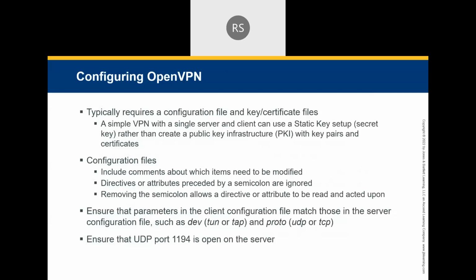You also want to ensure that UDP port 1194 is open on the server to allow incoming VPN connections. This port is commonly used by OpenVPN, and opening it ensures the clients can establish a connection with the server.